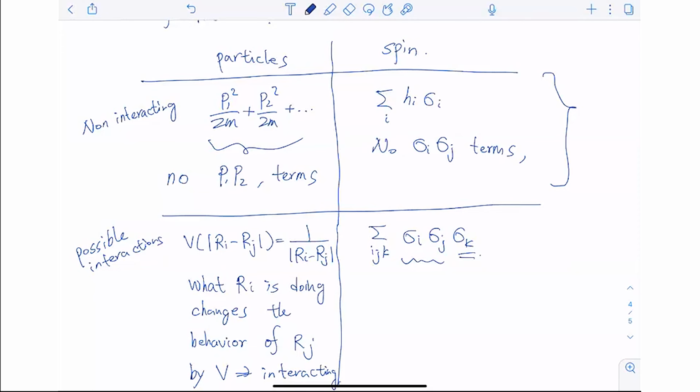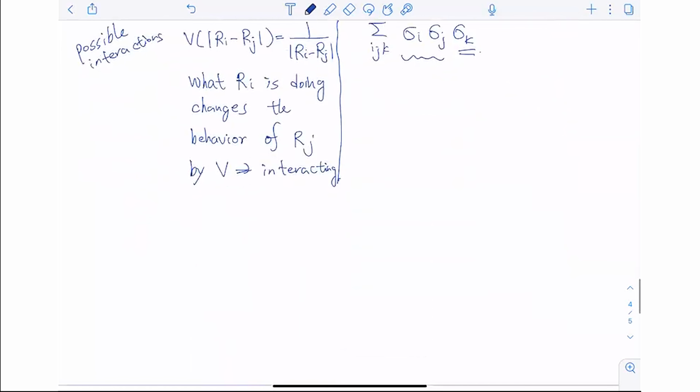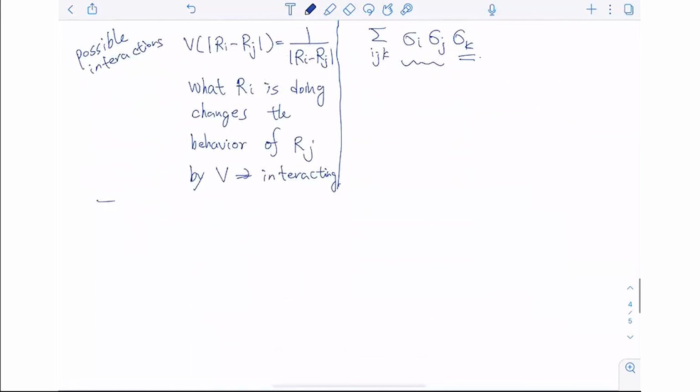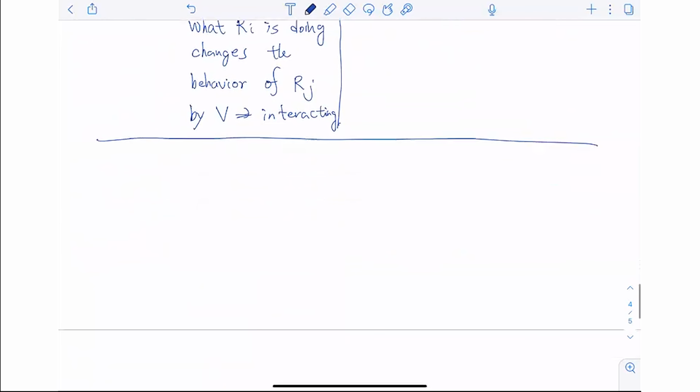Okay, so now we will start from another very important example, which is the classical single mode simple harmonic oscillator.